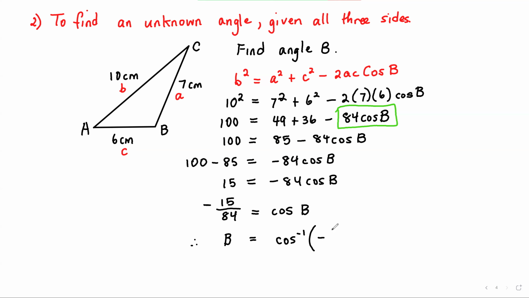So cos inverse of negative 15 over 84, on your calculators, second function, cos inverse of negative 15 over 84, you're going to get 100.29 degrees to 2 decimal places.